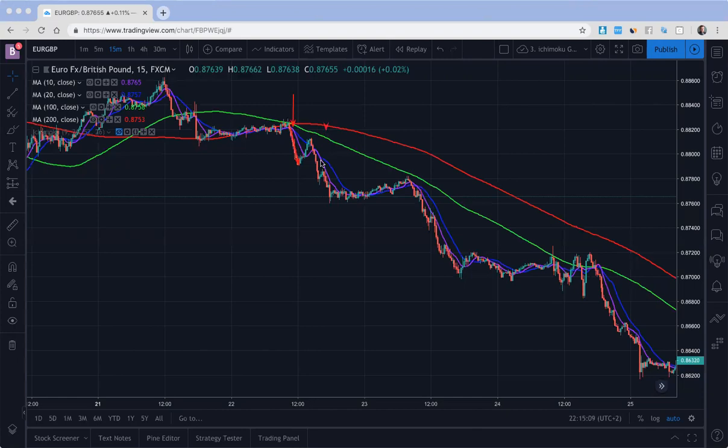Now here you see a cross of the 10 and 20 again, and we see that we are in a downtrend move. So here we take the second sell. Then we needed to wait a little bit because the market goes up and goes kind of sideways. While here we see a very clear cross again, so we will go in another sell.